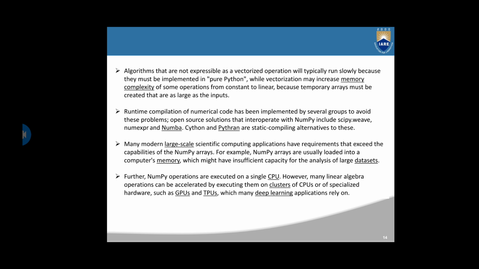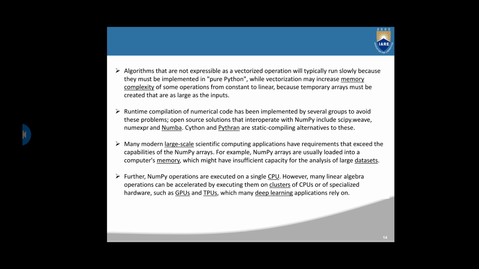Next point. Algorithms that are not expressible as a vectorized operation will typically run slowly because they must be implemented in pure Python. While vectorization may increase the memory complexity of some operations from constant to linear, because temporary arrays must be created that are as large as the inputs.